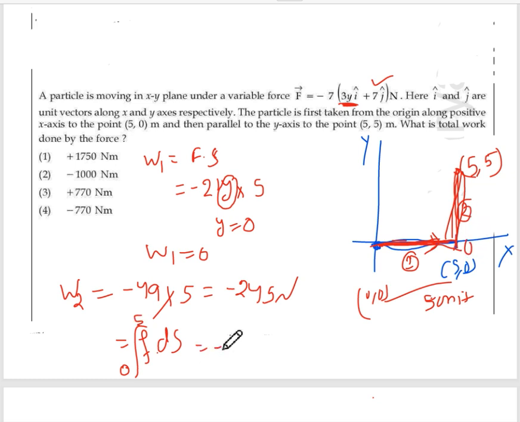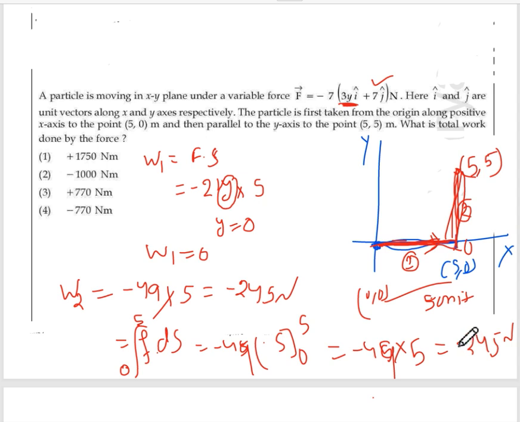Take out minus 49 outside, so the result is minus 49 times 5, which is minus 245 Newton.